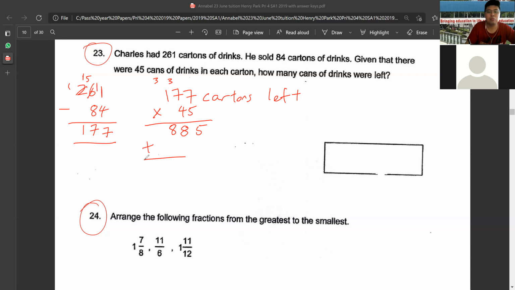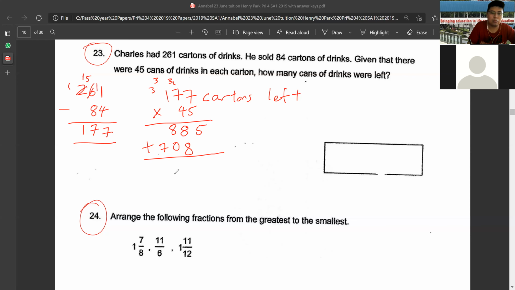And then 4 times 7 is 28. 28 plus 2 equals 30. And then 4 times 1 equals 4 plus 3 equals 7.